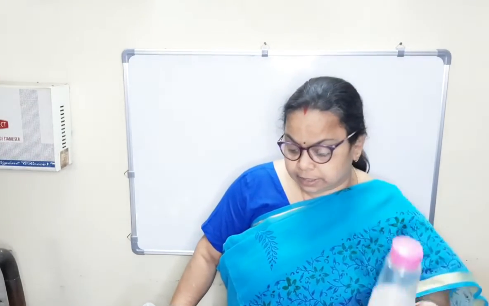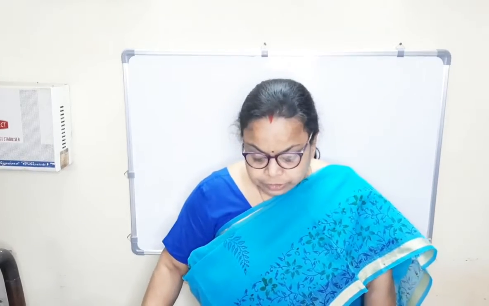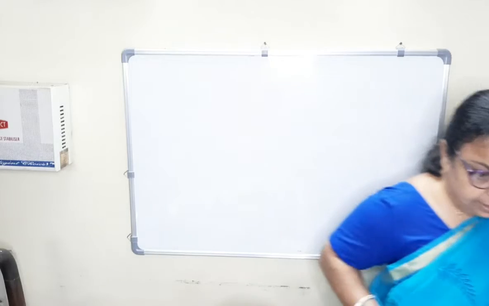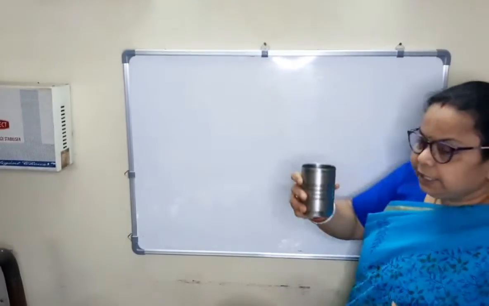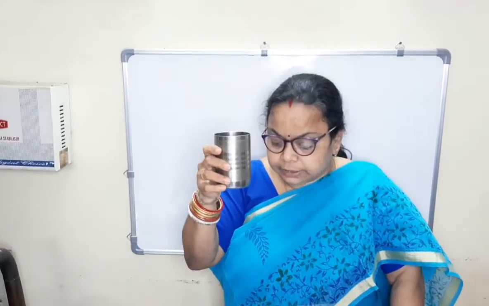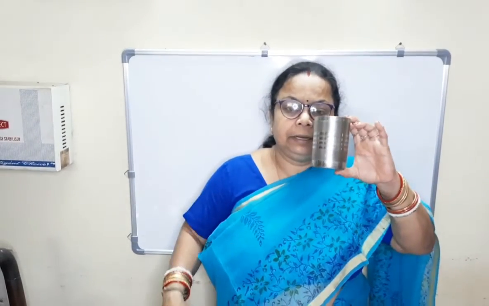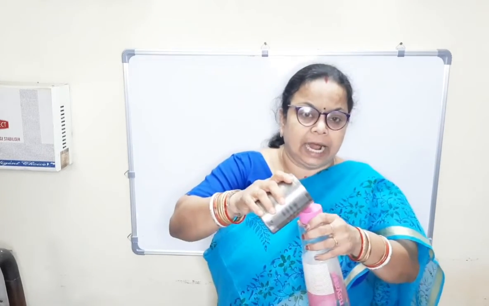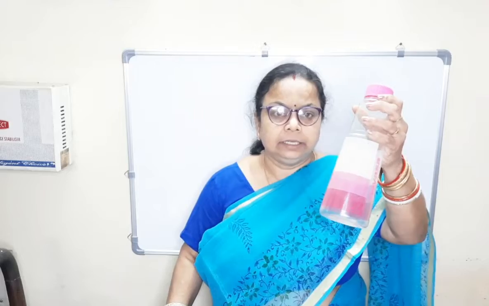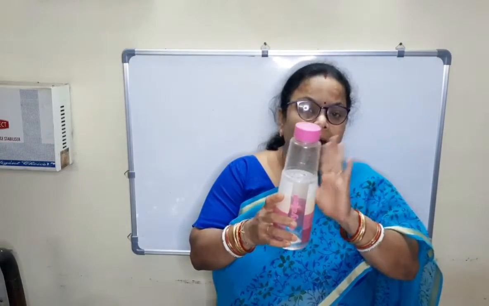And children, also you see a glass. This is a glass, children. Now see, the capacity of this glass is 500 milliliter. So when 2 times I add here, it will fill the bottle, and the capacity of this bottle is 1 liter.